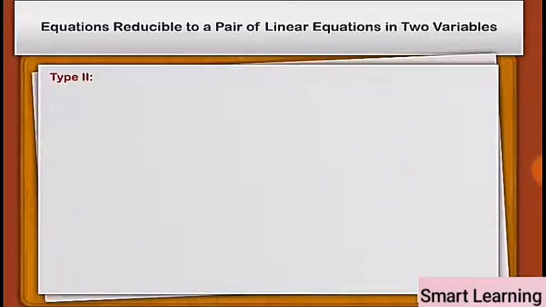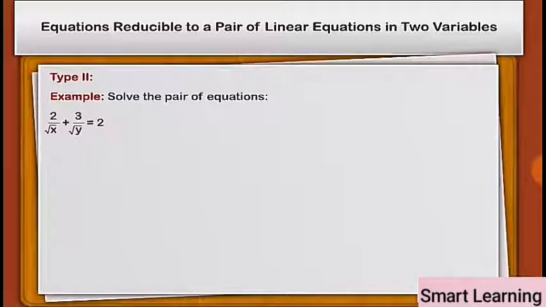Now let us take type 2. Solve the pair of equations 2 upon under root x plus 3 upon under root y is equal to 2 and 4 upon under root x minus 9 upon under root y is equal to minus 1.